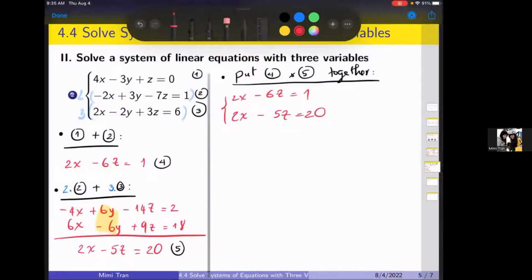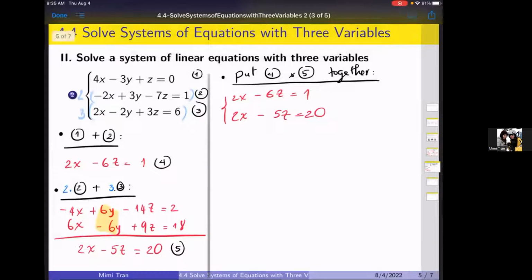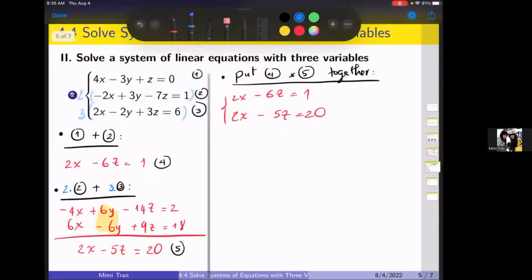All right, so I want to solve the 2 equations. I'm going to decide to eliminate x, so I have to multiply the first or second equation by -1, whichever equation you want to choose. So let's rewrite this: 2x minus 6z equal 1, and then negative 2x plus 5z equal negative 20.